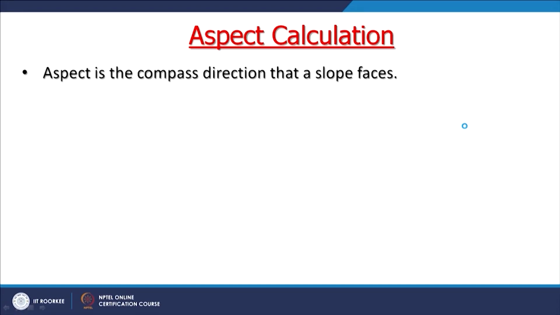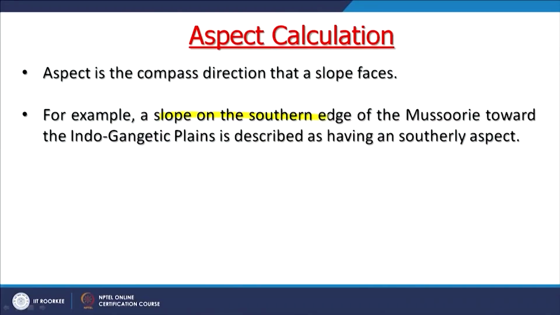Now, aspect is basically the compass or magnetic compass direction that the slope faces. For example, a slope on the northern edge of Mussoorie towards the Indo-Gangetic plains is described as having a southerly aspect, when it is facing southward on the ridge.